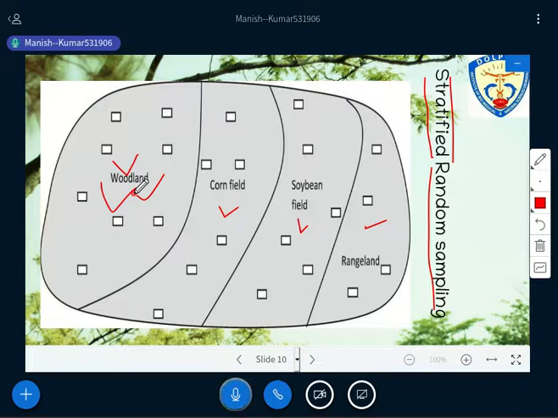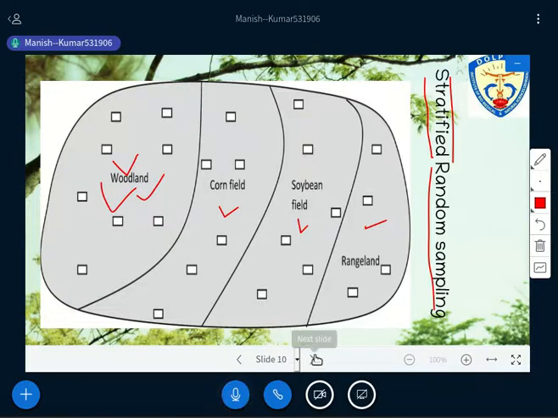How? Yes, you can do it by species group, or by site quality, or by crop density. So lots of methods you can adopt, but the purpose of stratification is that you are making a homogeneous group out of this heterogeneous group, then you are making a sample.